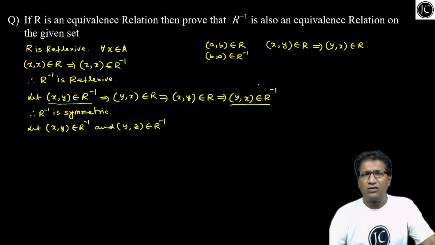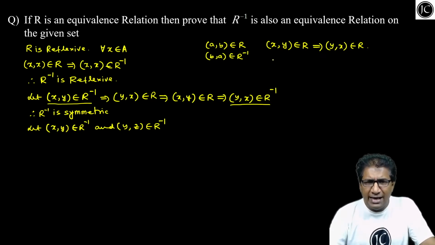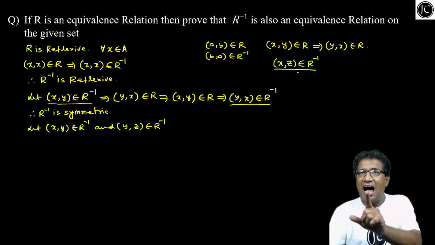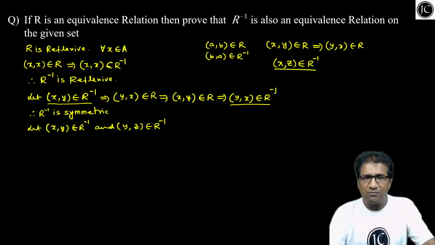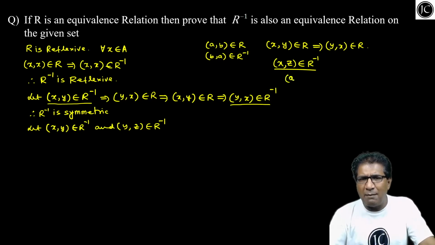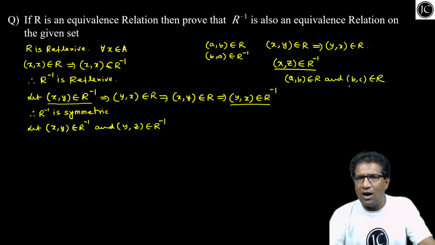Now I have to prove that this implies (x, z) also belongs to R inverse, to prove that R inverse is transitive. Now observe carefully, because that is the definition of a transitive relation: if (a, b) belongs to R and (b, c) belongs to R, that implies (a, c) also belongs to R.